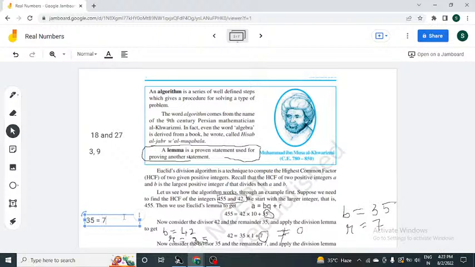We all know that 7 times 5 is 35, and add 0. Now at this point we got 0 as the remainder. So after this step, we can say that the remainder equals 0. That means we have got our HCF.